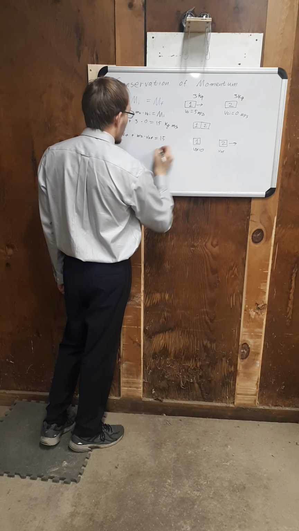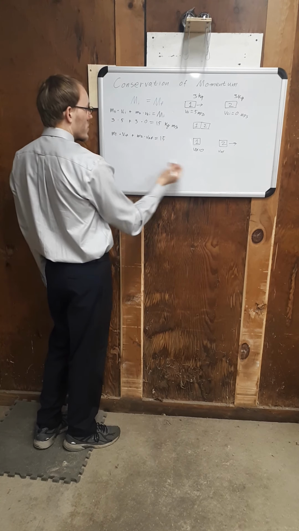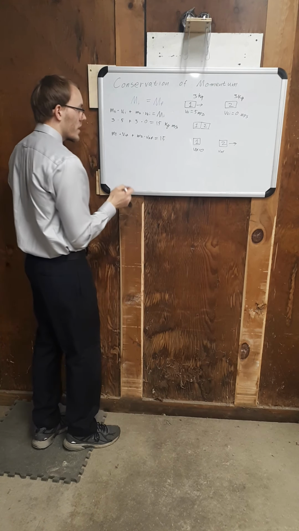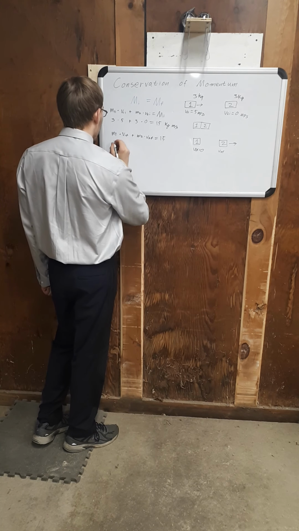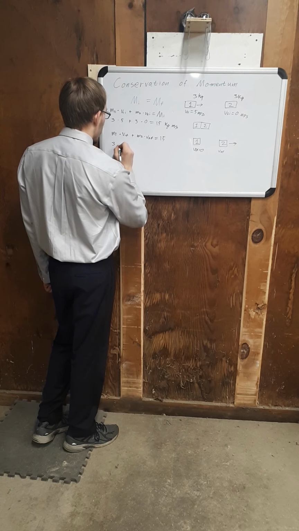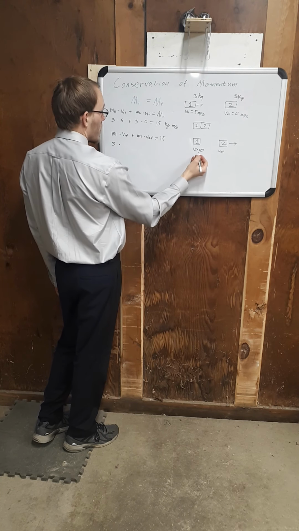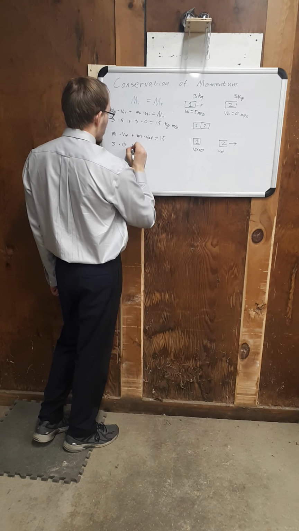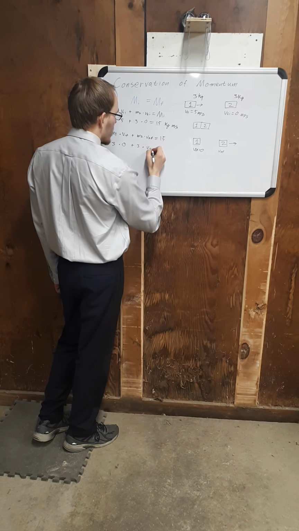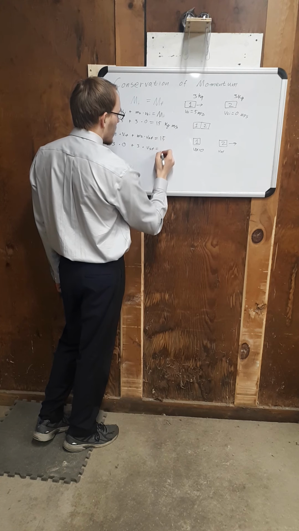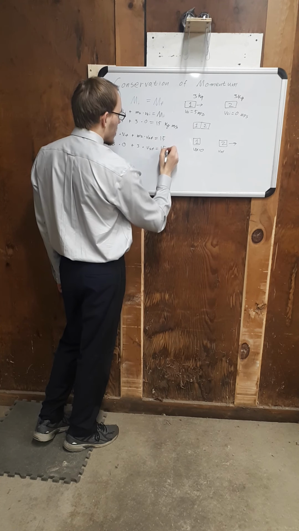We just calculate. So now we can back into the number of v2 final because we have all the other variables. So we'll have 3 kilograms times v1 final, 0, plus 3 kilograms for block 2, times our variable we're looking for, v2 final, should all be equal to 15.